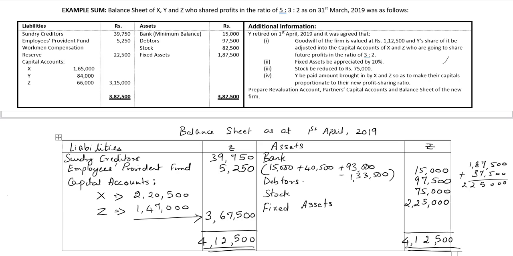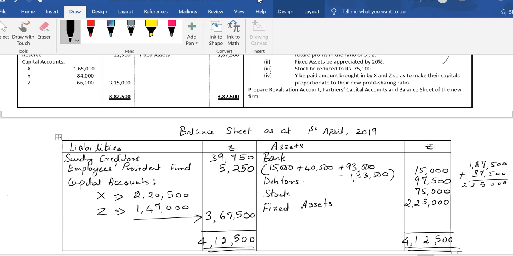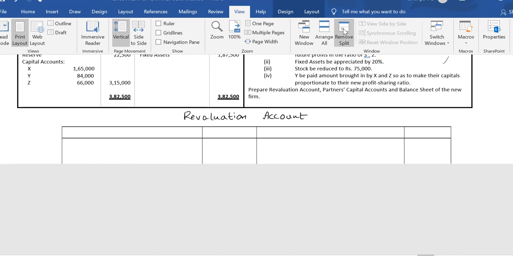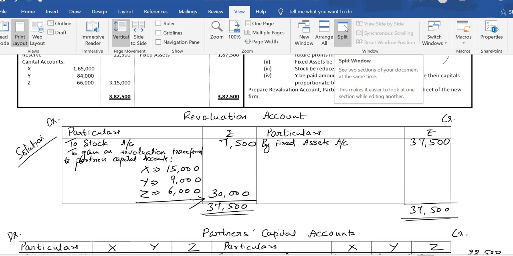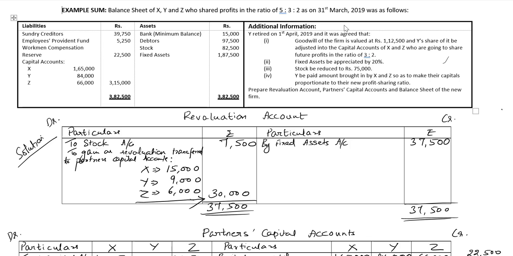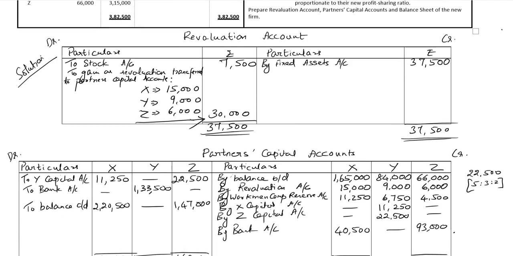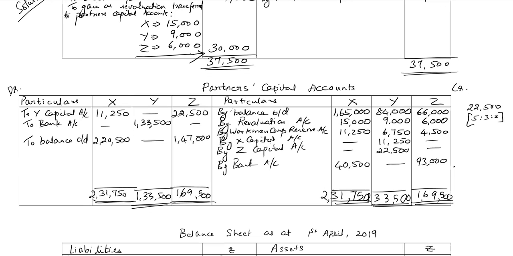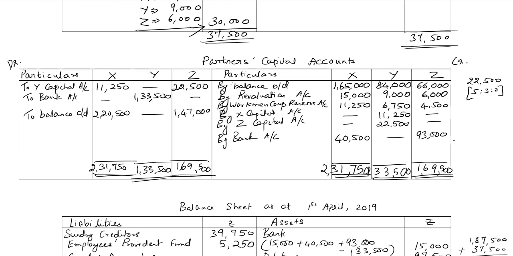I'll remove the split. We can view the full answer. So we began with the revaluation account. After that, we prepared the partners' capital accounts.